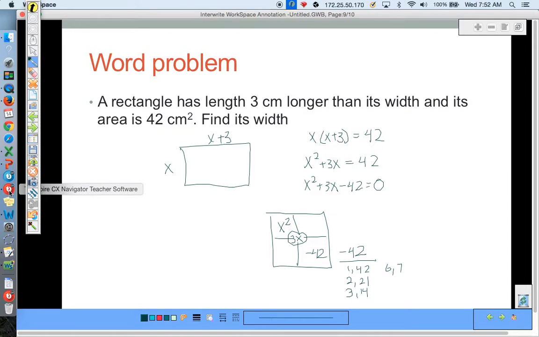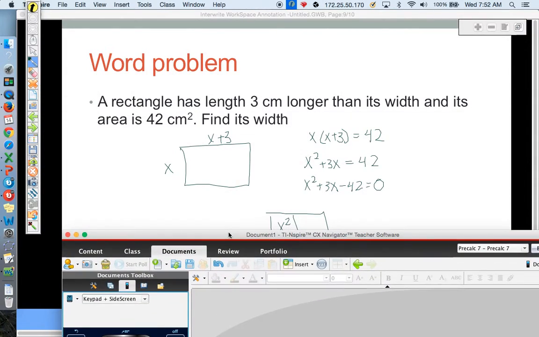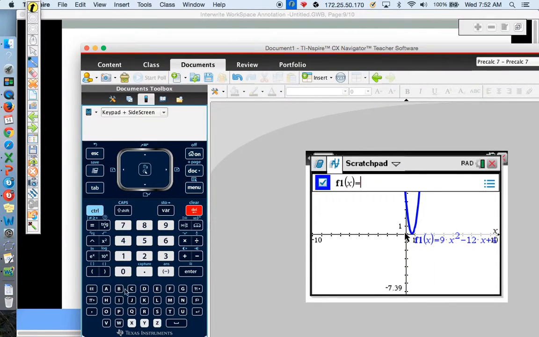Let's graph it and see what we come up with. So we got x squared plus 3x minus 42.